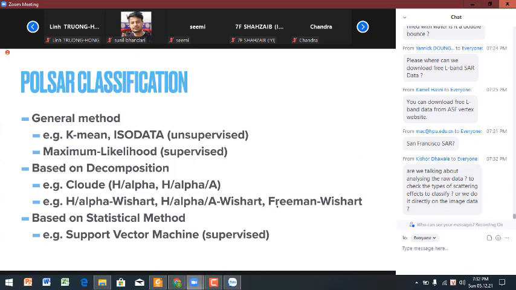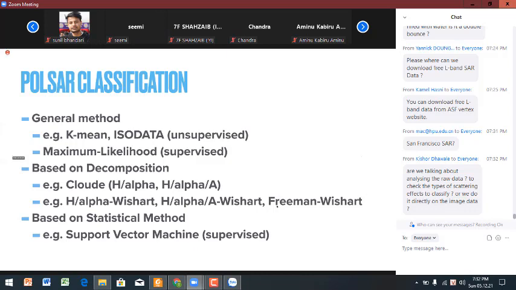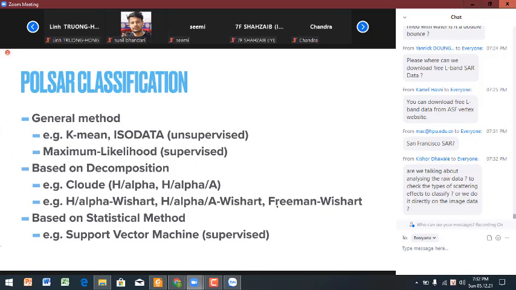As we had the question on software, right? For those of you who are interested in polarization or want to learn about it, there's actually a great free tool from the ESA, the European Space Agency, called PolSARpro.